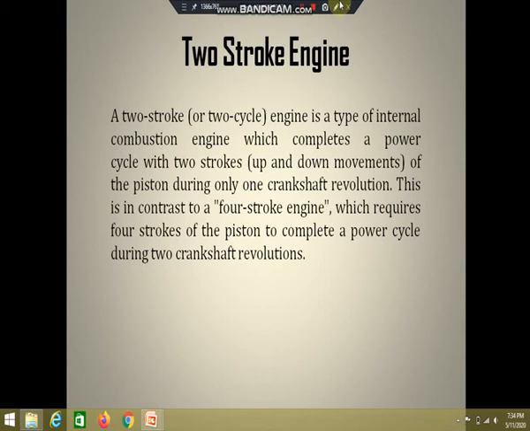The two strokes are the first one, the upward stroke, and the second one, the downward stroke.